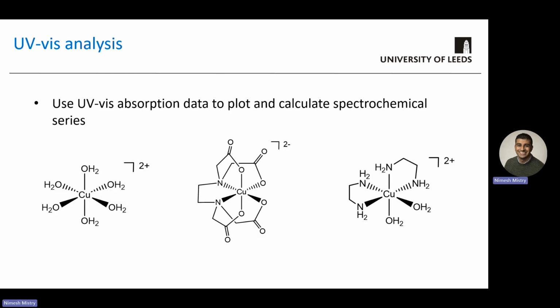Following the experiment, this is where you're going to do some UV-vis analysis. This will be in your own time after the experiment, and this is where you'll see and understand how UV-vis can actually be used to analyze what type of metal complexes you have.